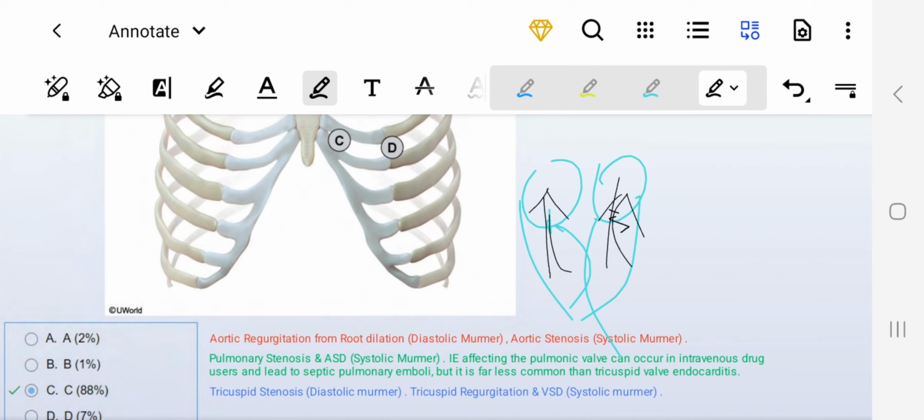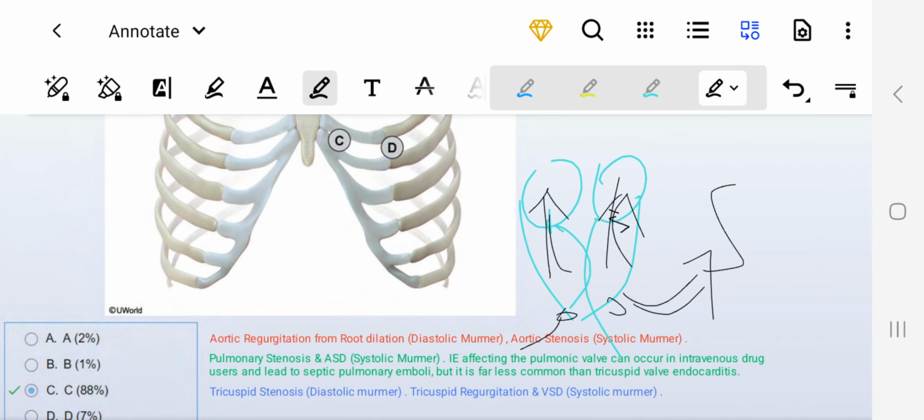The semilunar valves are located here at the outflow. The aortic valve over here, and over here we have the pulmonic valve. What will be the sound over there at the aortic valve? Whenever there is stenosis, that will produce a systolic murmur.